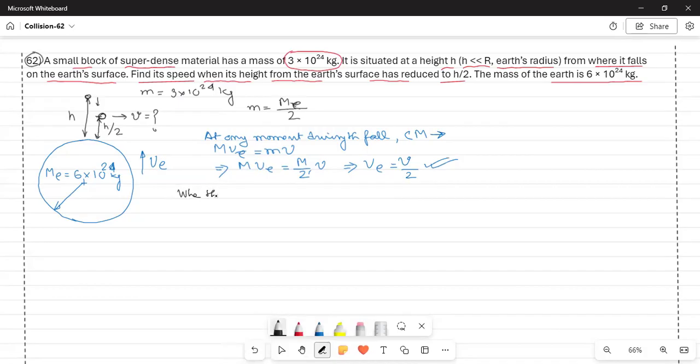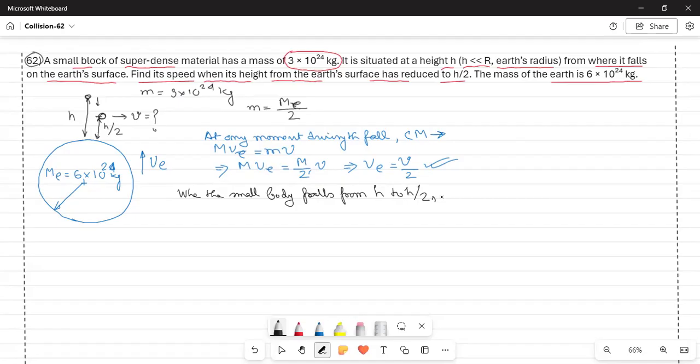Now, when the small body falls from h to h by 2, it gains, sorry, it loses potential energy.